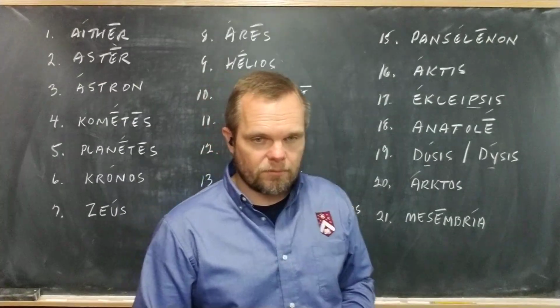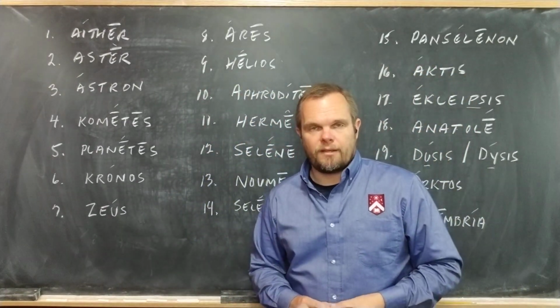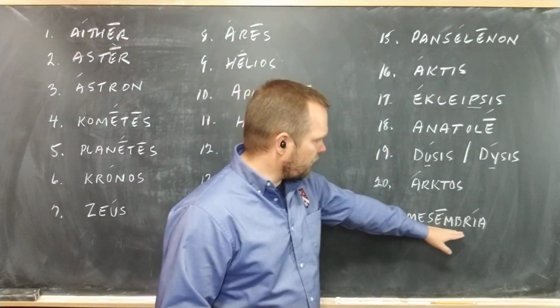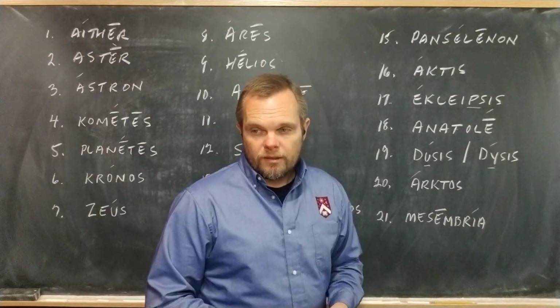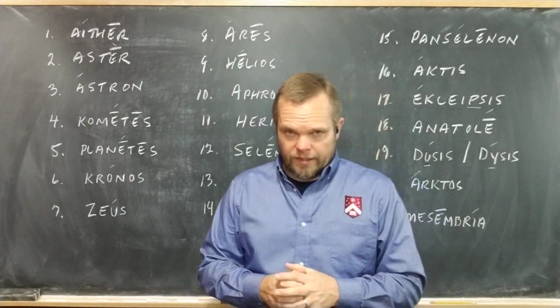And then lastly, number 21 is the south. In Latin, it's meridies, and in Greek, mesembria, the south. So that's it for our first list in classical vocabulary.